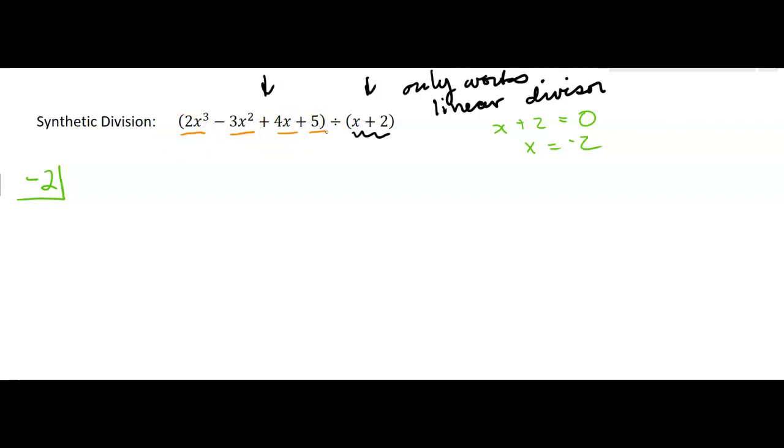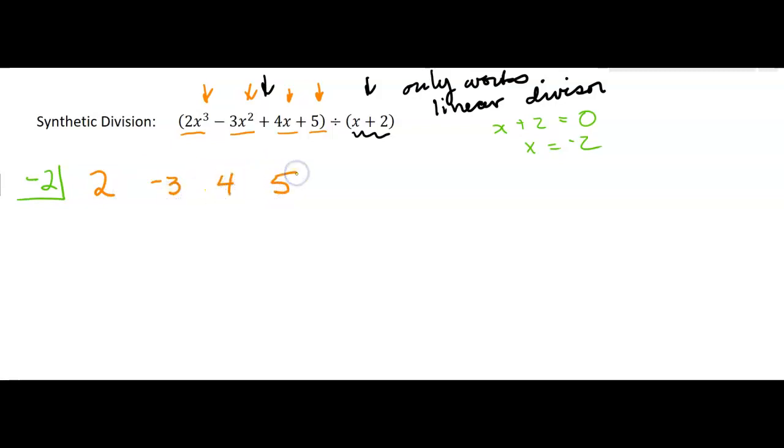Then you're going to take all the coefficients off your original polynomial. Now you have to make sure your polynomial is in order from highest degree to lowest. And you have to make sure there aren't any missing terms. We'll talk about that later. But what I mean by that is 3, 2, 1, 0. Okay, so they're all present and accounted for. So I pull off those coefficients. 2, -3, 4, 5.